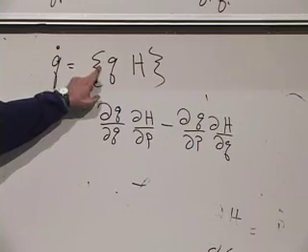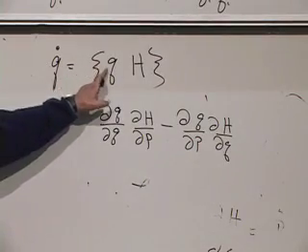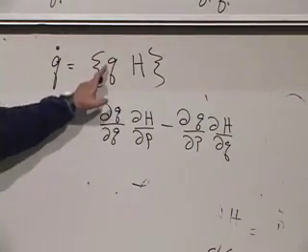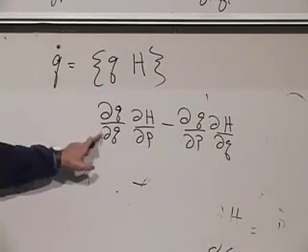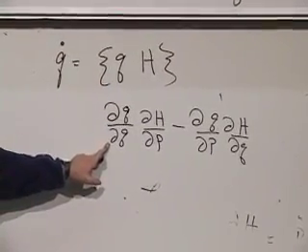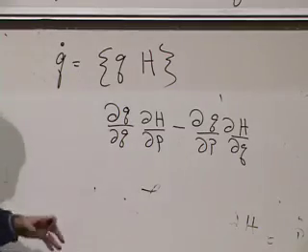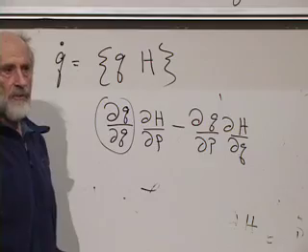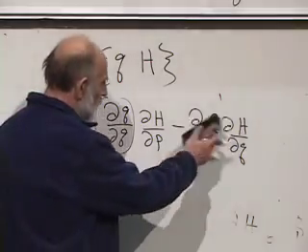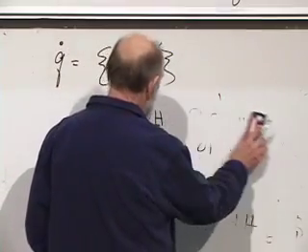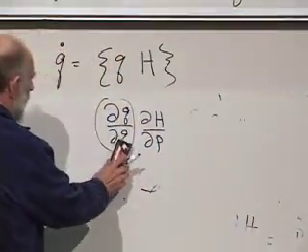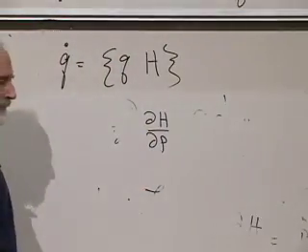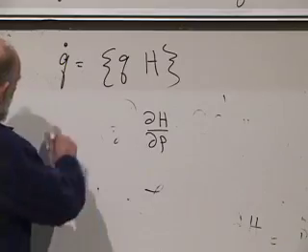I've now just substituted for A, just good old Q. The Poisson bracket of Q with H is dQ by dQ, what's that? 1. All right, so this is just 1. What's dQ by dP? 0. Q and P are independent variables. This goes away. And this just says that Q dot is dH by dP.